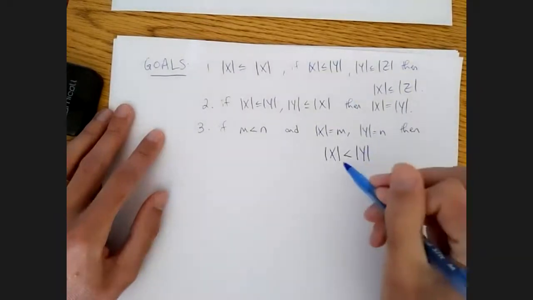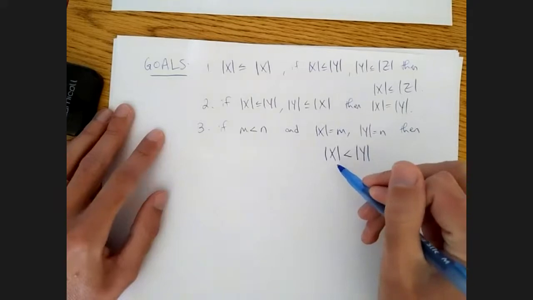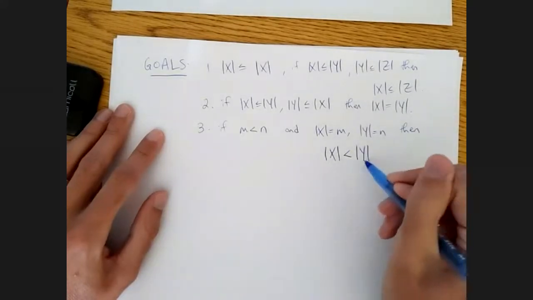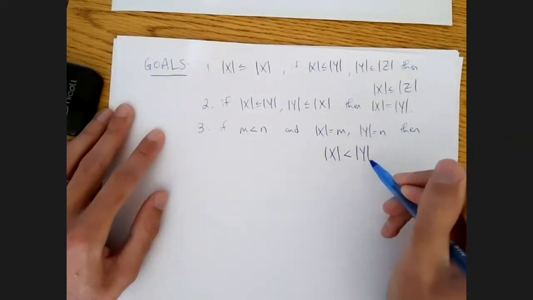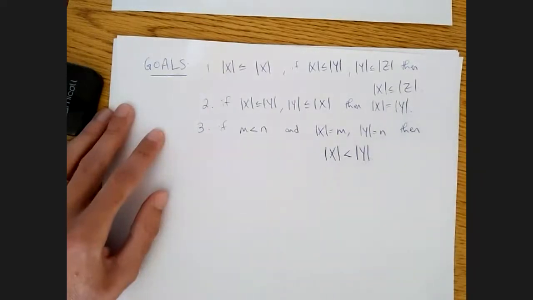Here, that means that we need to show that there exists a one-to-one function from x to y, but no one-to-one and onto function from y to x. So we need to show stuff like that.